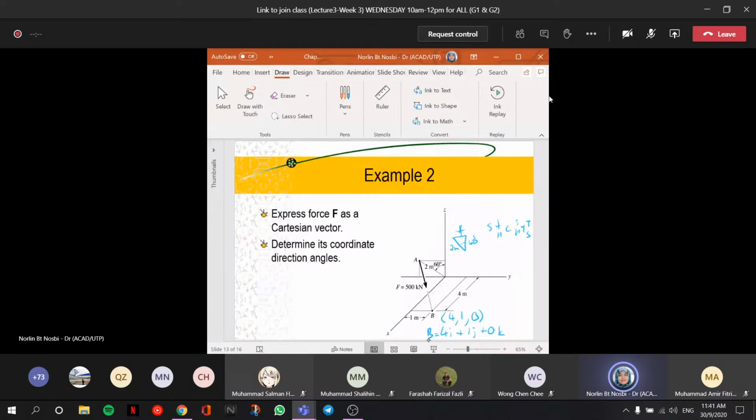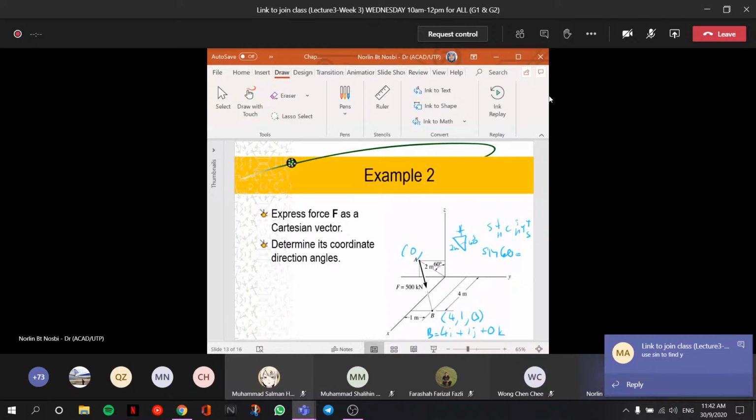And then how about y? I want to find the value for y. It is the opposite of the 60 degree angle, so you have to use sine. Sine 60 equals y over 2.